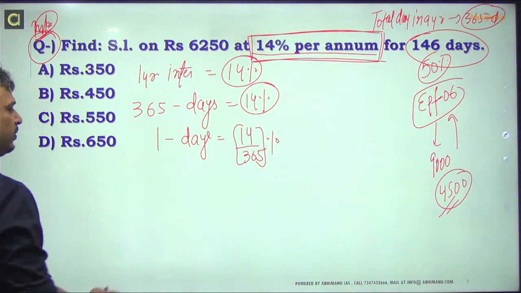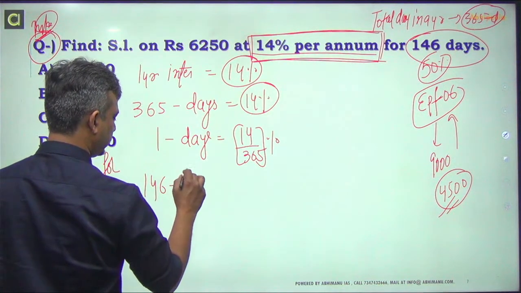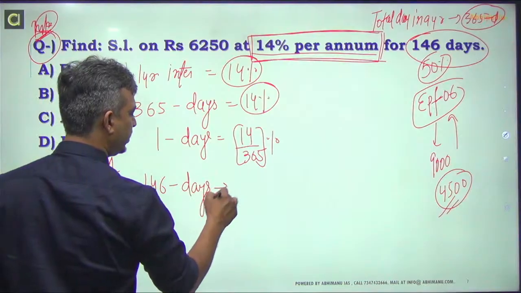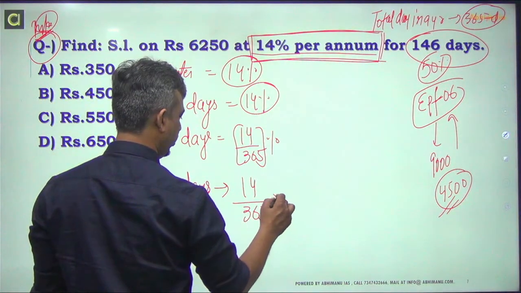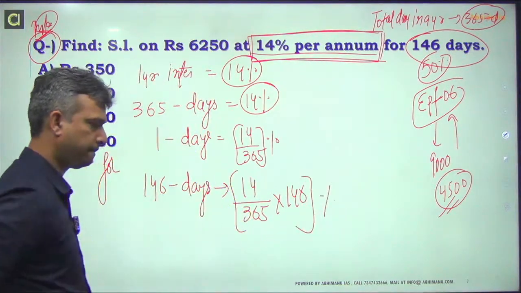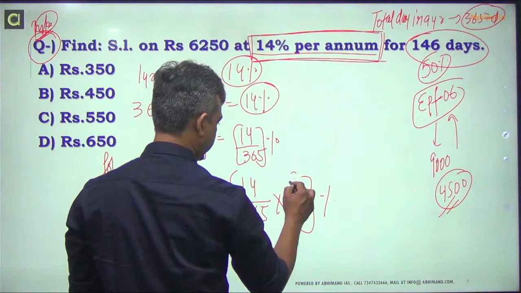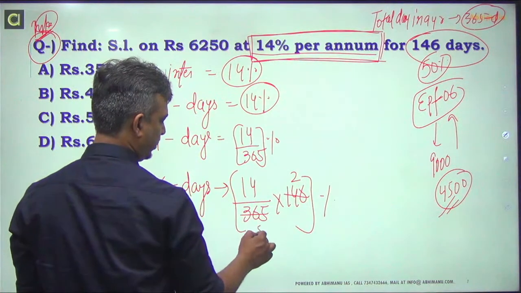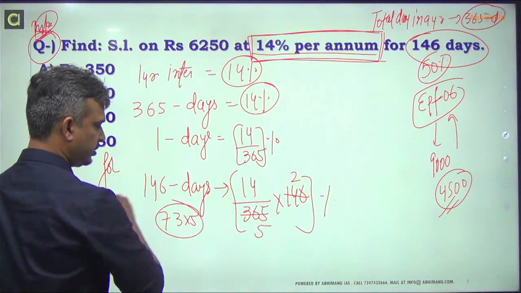So for 146 days, how much interest will we get? 14 by 365 into 146%. Is that clear? So it is 73 twos are 146, and 73 fives are 365. 73 into 5 is how much? 365.